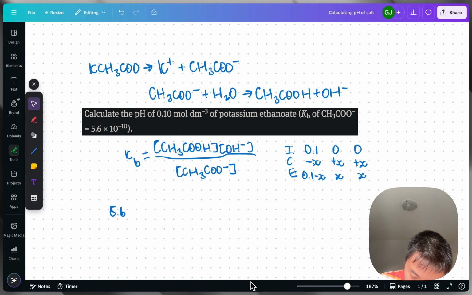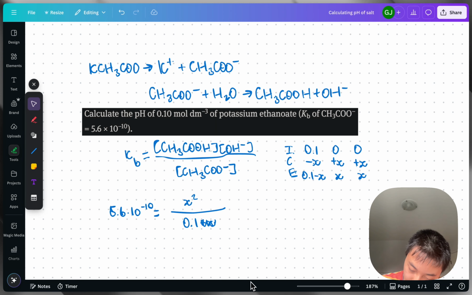And so 5.6 times 10 to the negative 10 equals x squared over 0.1 minus x. But we know x would be really small here because the dissociation is very small, so the change would be very small. So we can really just neglect this change.